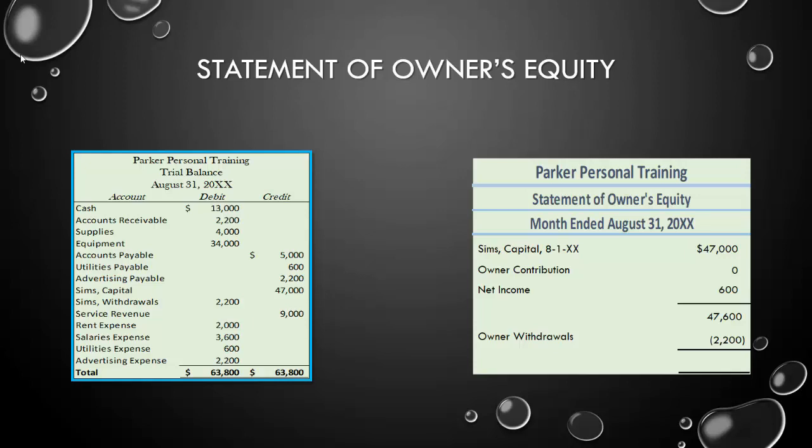It's going to decrease the value of a business, or the amount of capital Mr. Sims has. $47,600 minus $2,200 is going to give us an end balance of Sims capital as of August 31st, 20XX of $45,400. And our statement of owner's equity is done. We're ready to move on to the last of the three main financial statements, which is the balance sheet.